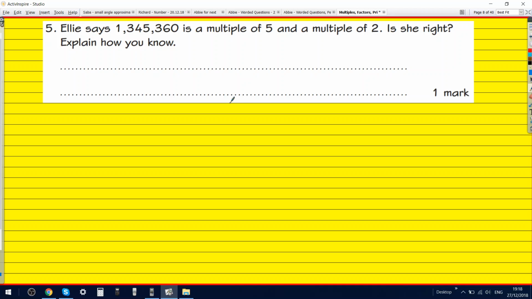So it's in the 5 times table. The 2, I think it's also in the 2 times table because any number in the 2 times table ends in a 0, a 2, a 4, a 6, or an 8.